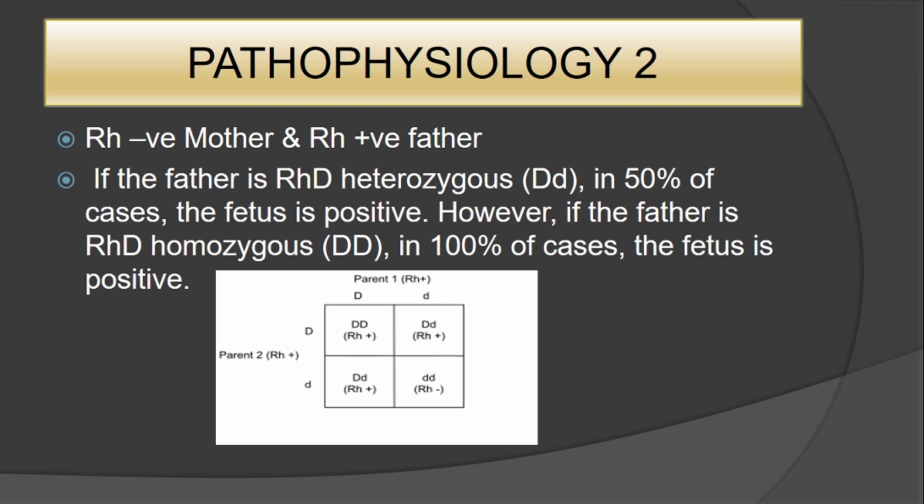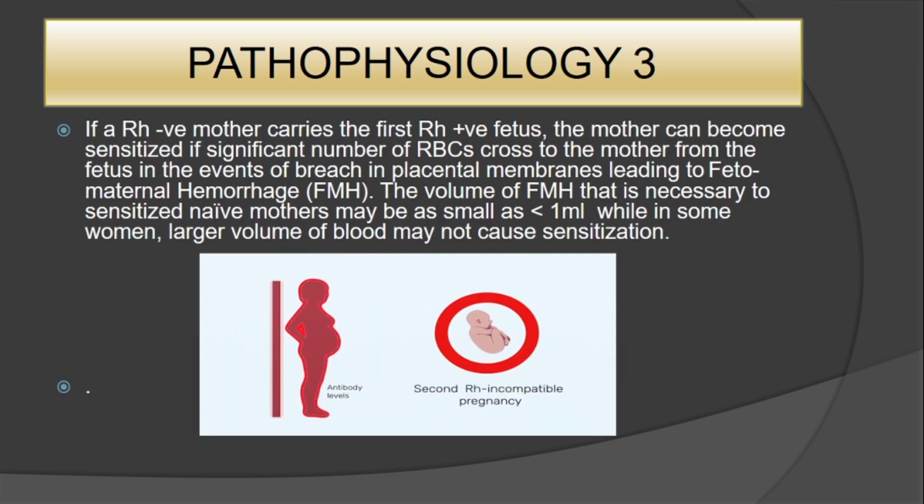If the father is heterozygous, 50% of the fetuses will be Rhesus positive and 50% will be Rhesus negative. However, if the father is RHD homozygous, in 100% of cases, the fetus will come out positive.